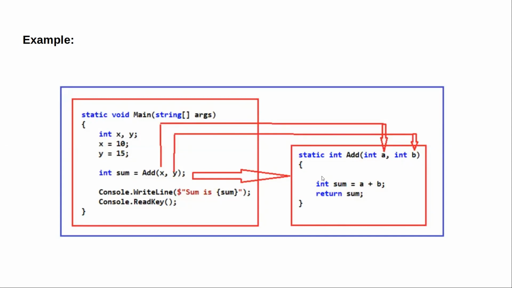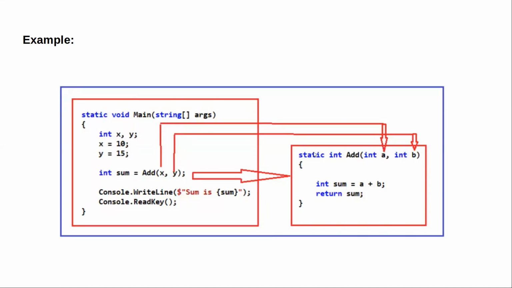Here I am passing x and y, whereas in the function I'm using different variables a and b. So the x value is copied to a, and the y value is copied to b. Then I declare one more variable sum, which is a plus b, which is 25.